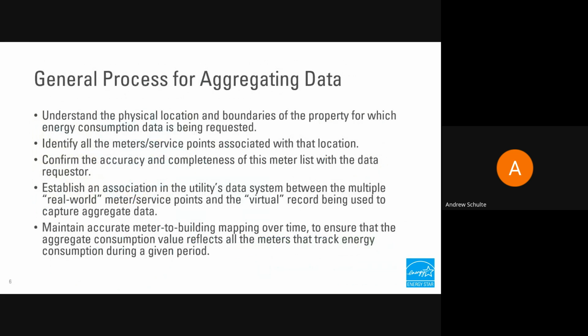So the process of data aggregation, when we talk about actually getting under the hood of the utility data system, whether you're looking into your billing system or some more granular, downstream system, is going to be specific.